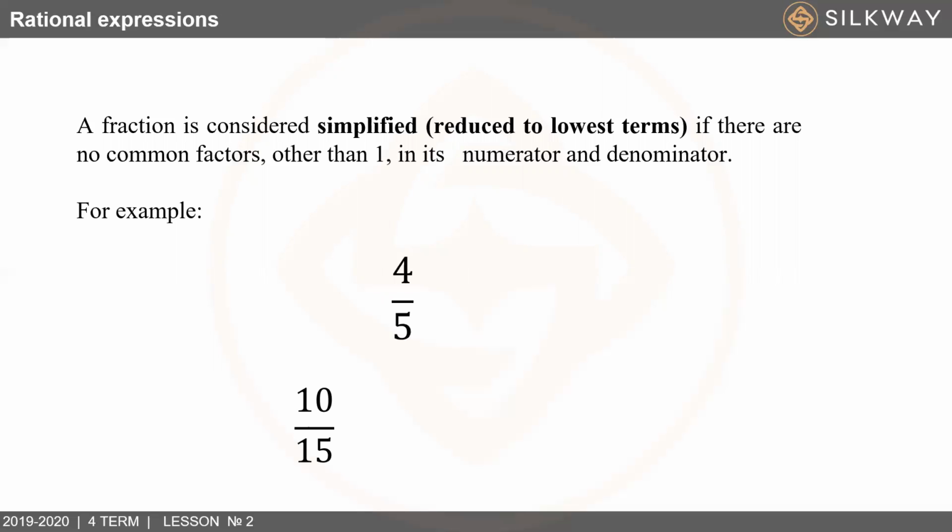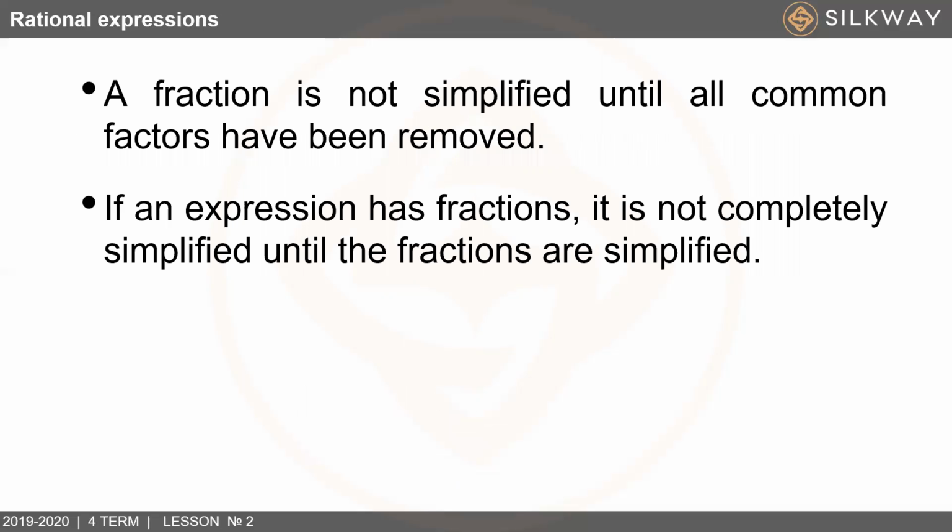So we can write it as 2 times 5 over 3 times 5. So 5 is a common factor, and here we can simplify. We cancel them, and we will get 2 over 3. A fraction is not simplified until all common factors have been removed.